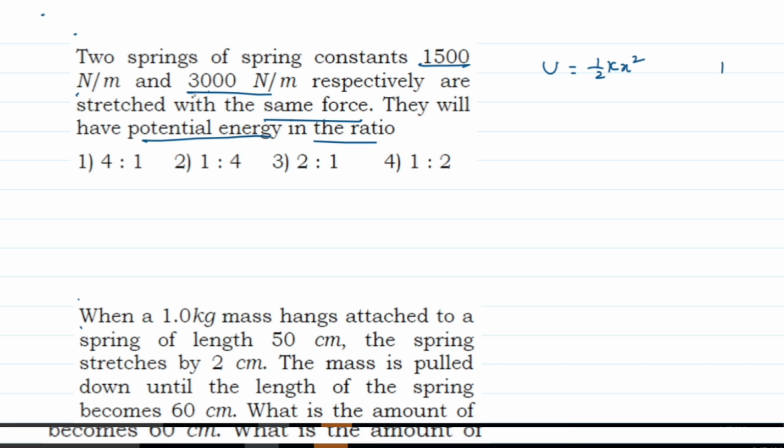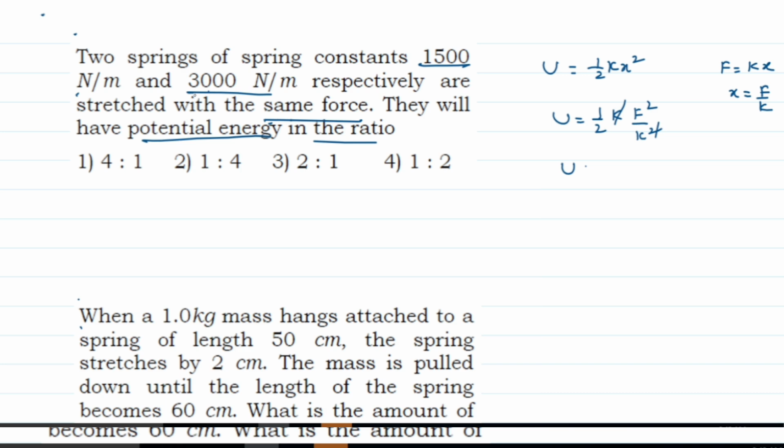The restoring force acting on a spring is F equal to kx in magnitude, so x is F by k. So U equals half into k into F square by k square. One k gets cancelled. Why I am writing in this form, students: here they have given us the same force.